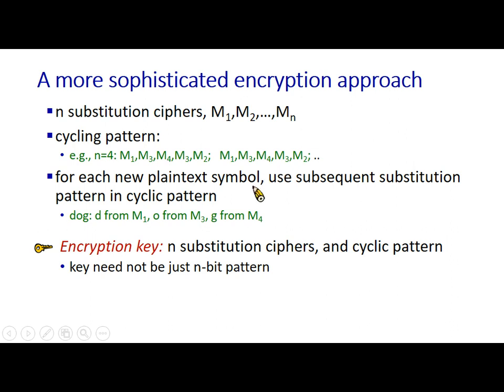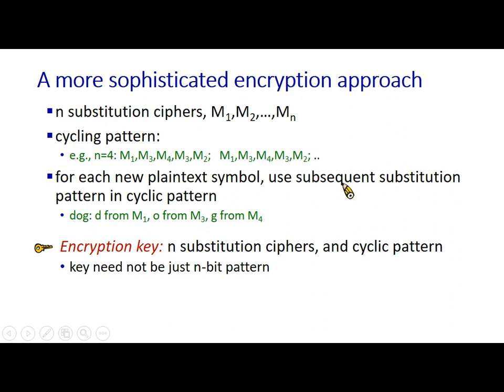For each plaintext symbol, we use the substitution pattern in the cycling pattern. So dog: D uses M1, O uses M3, and G uses M4.